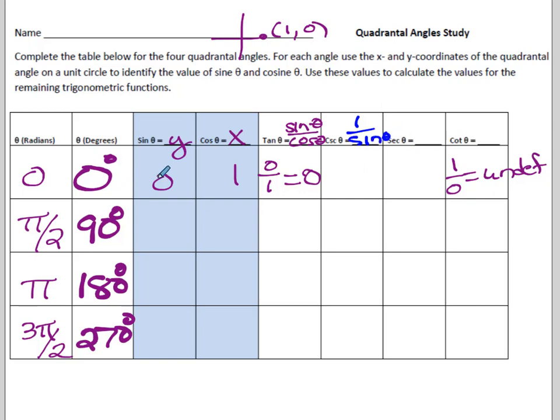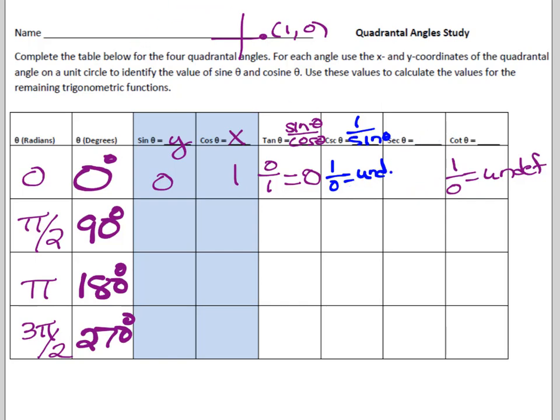So when I'm here for 0, sine theta is 0, so again we get 1 over 0. Cosecant of 0 is undefined. Okay, I'll just stop at UND, but you would write out UNDEF or the whole thing. Undefined because we cannot divide by 0.